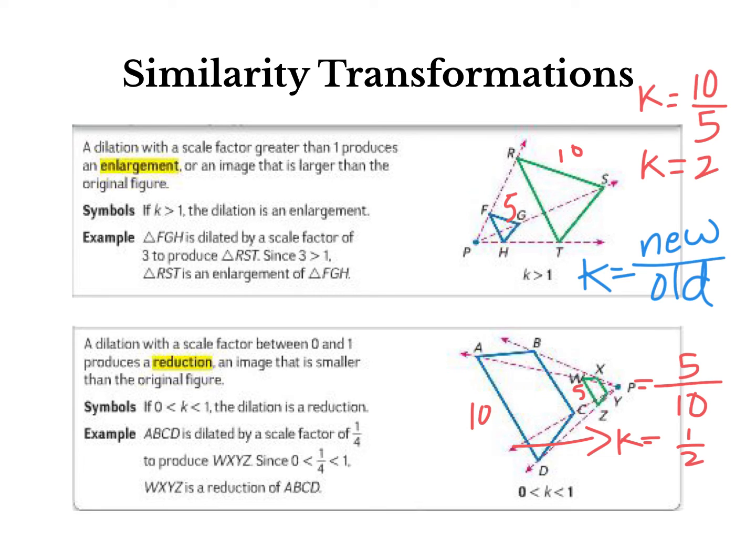So the original trapezoid, or quadrilateral, was shrunk or reduced by half its size. If the scale factor is bigger than 1, it's going to enlarge, and if the scale factor is smaller than 1, it's going to shrink or reduce in size. And this is basically it.